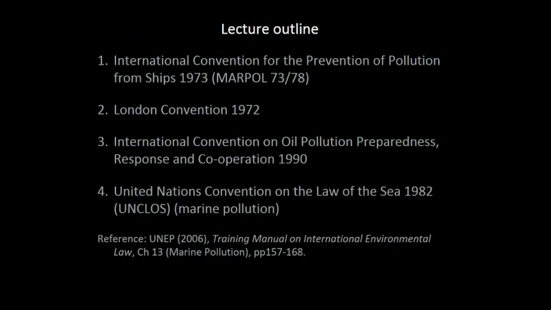So in outline, we're going to cover MARPOL 73-78 as the focus, but it's really understanding the history and how it came to be agreed. I'll mention the London Convention and the International Convention on Oil Pollution Preparedness in 1990. UNCLOS also has a marine pollution component, but I'll just mention that.